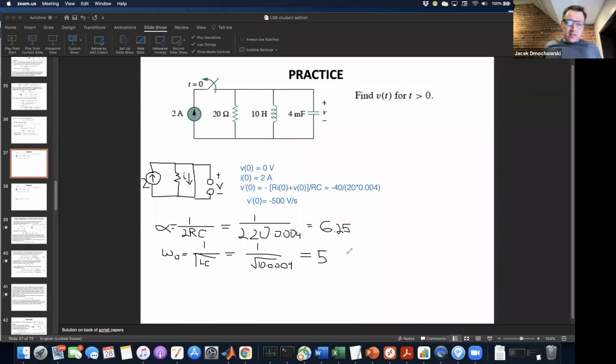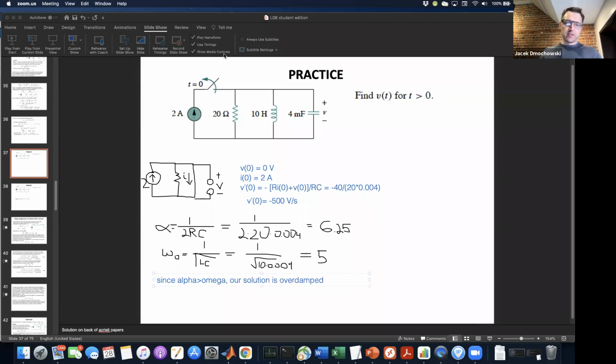All right, so we have our values of alpha and omega. So since alpha is bigger than omega, our solution is overdamped.